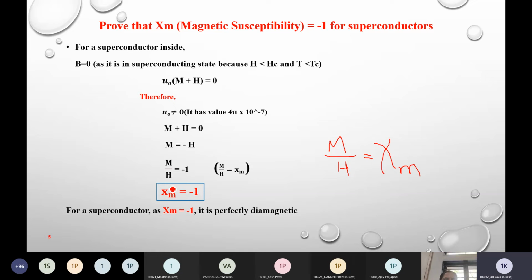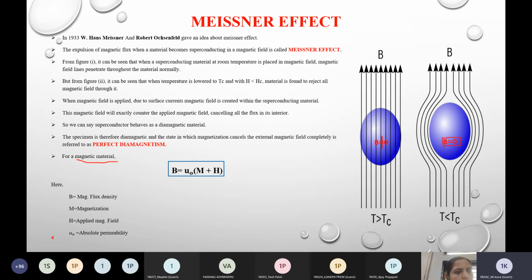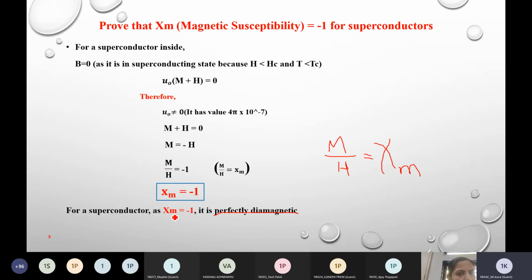So here magnetic susceptibility is -1 for a superconductor, and it will act as perfectly diamagnetic, because the magnetization inside the material and outside the material are cancelling each other, so the material acts as perfect diamagnetism. So this we have proved.